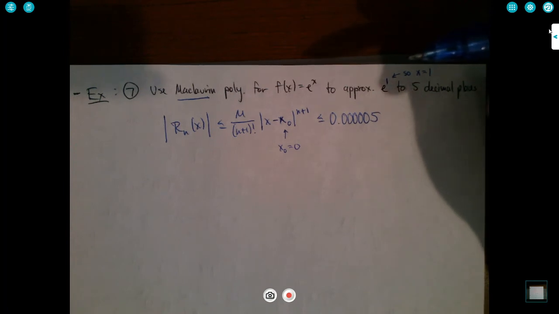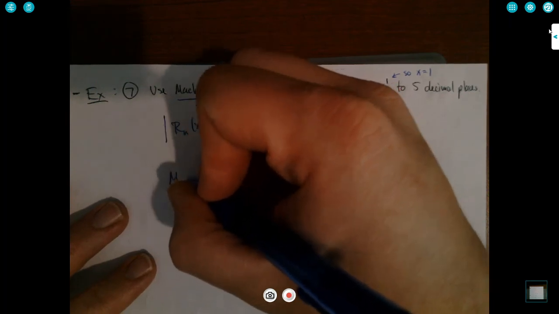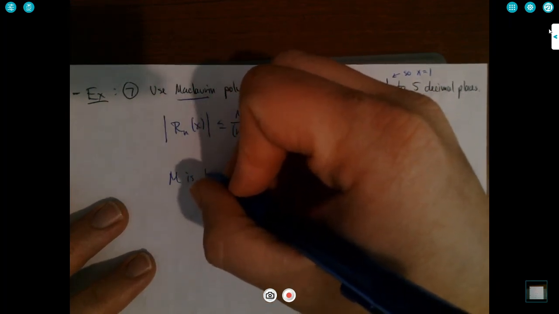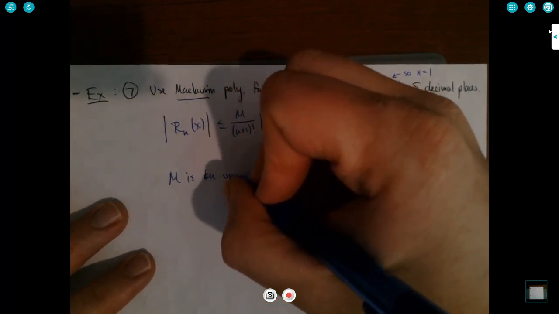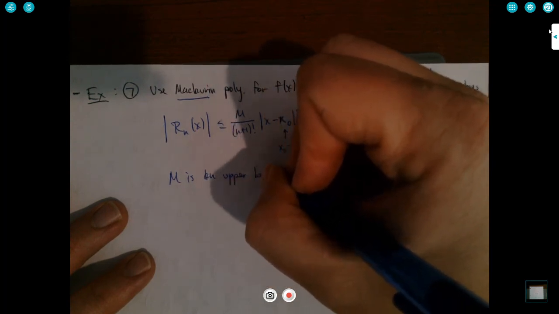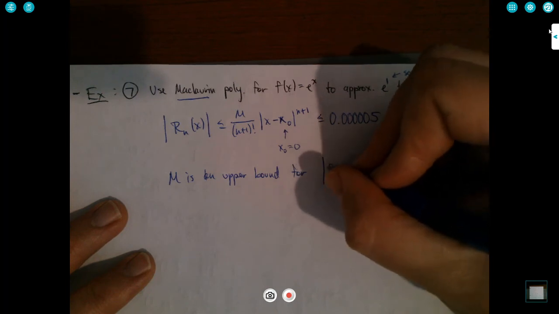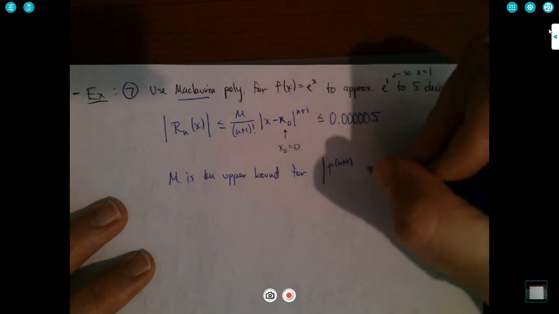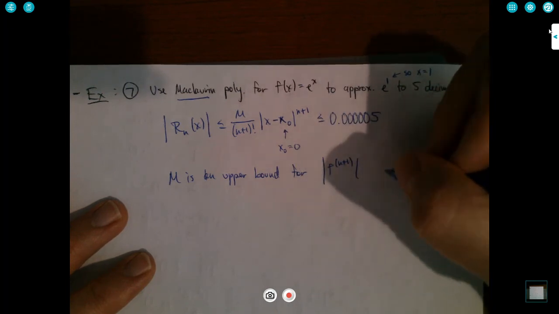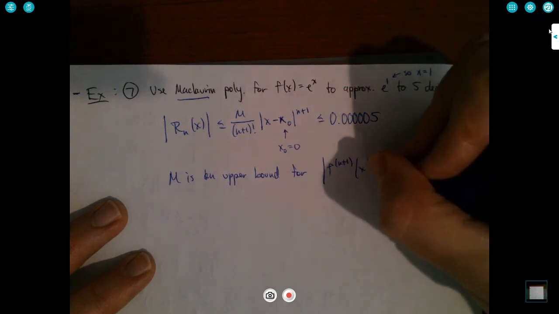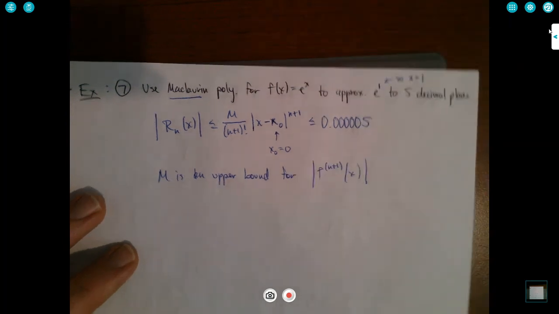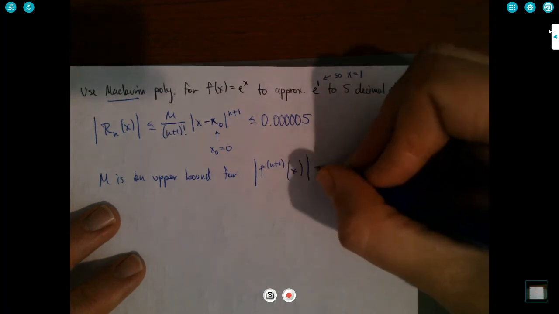M is supposed to be an upper bound for the absolute value of the n plus first derivative evaluated at x, right? Which, in this case, x is 1.